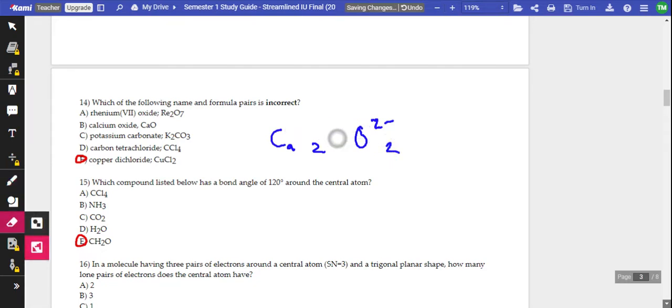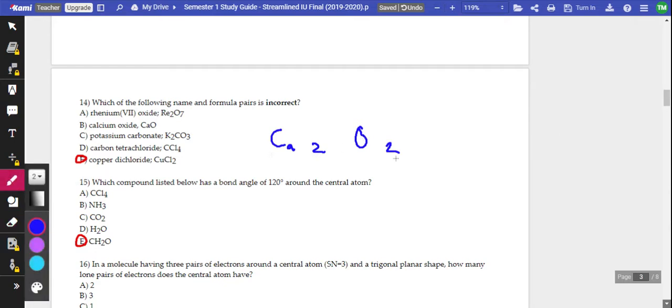So my formula is Ca2O2, which doesn't totally make sense, because if our calcium has a positive 2 charge and our oxygen has a negative 2 charge, those should cancel on their own, just one ion of each. So I don't need 2 of each of them. We can reduce these down.